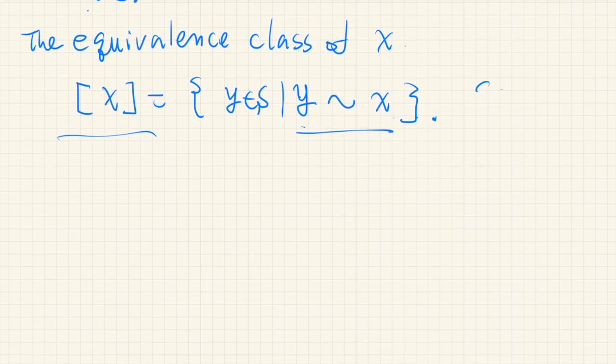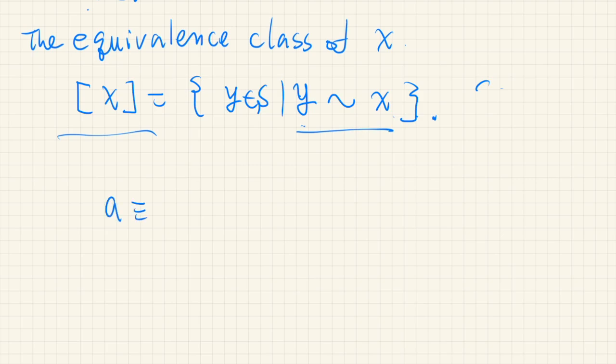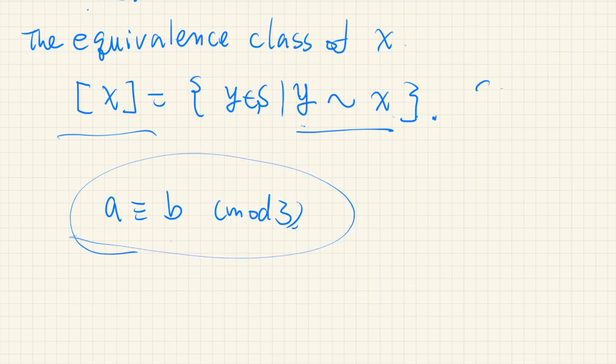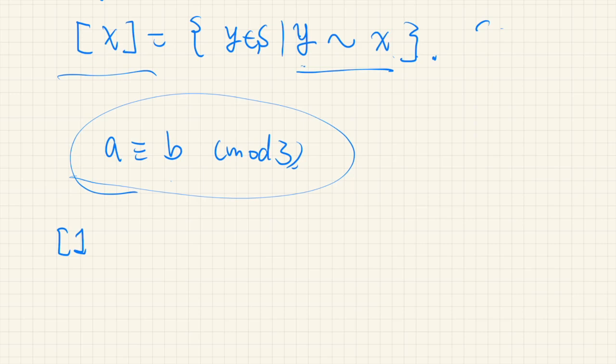In the previous example, we defined the congruence: A is congruent to B mod 3. That is, if A minus B is a multiple of 3, then they are equivalent, right? So let's define an equivalence class of each integer based on this equivalence relation. The equivalence class of 1 is any integer Y such that Y is congruent to 1.